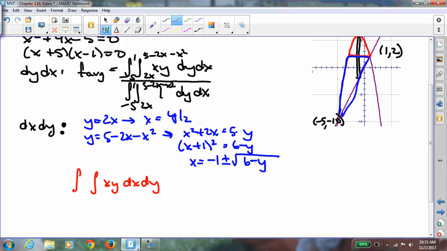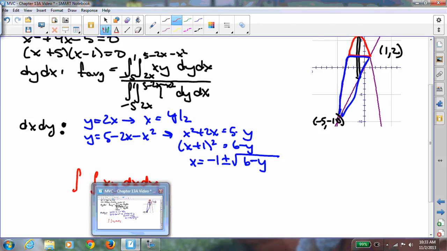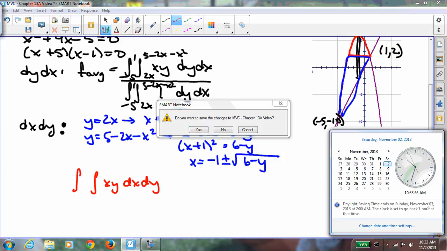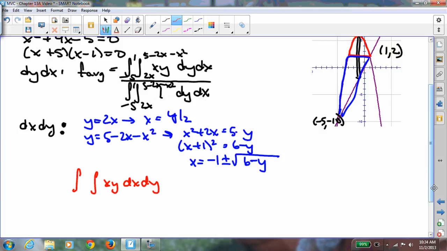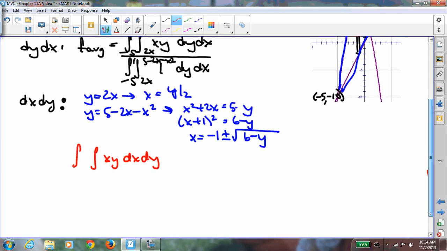Dx bounded from left to right, so on the left side is my parabola defined for the left equation. And the parabola defined for the left side of the equation would be negative 1 minus the square root of 6 minus y.